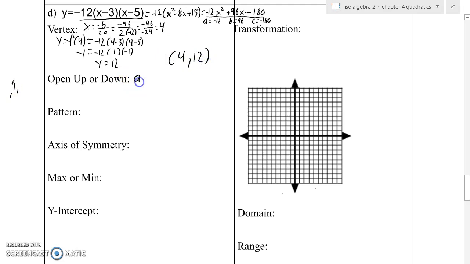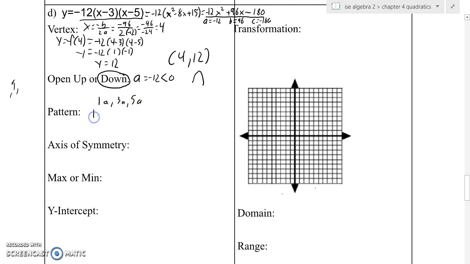We have a negative A. Our A is less than 0, so we are a sad parabola. We open down. Our pattern is 1A, 3A, 5A.